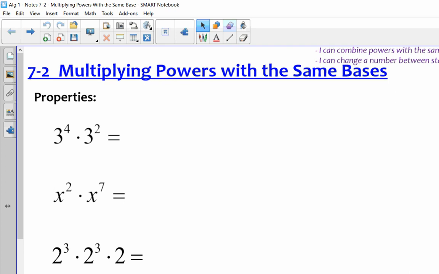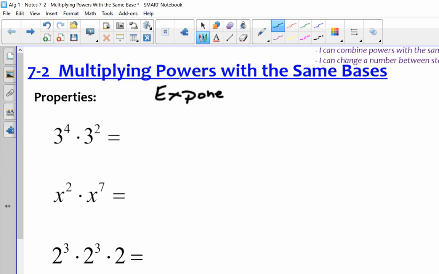If you could write this down with your notes. We'll probably repeat some of these things through this chapter, but we just want to make sure that we can keep things clear. So we're multiplying powers with the same base. Powers are just another word for exponents. Anytime you see an exponent, you can think of it as a power.